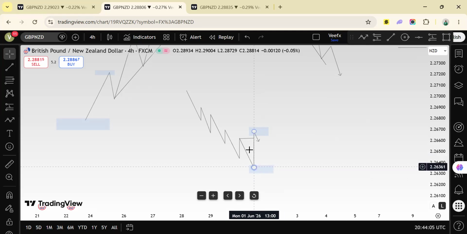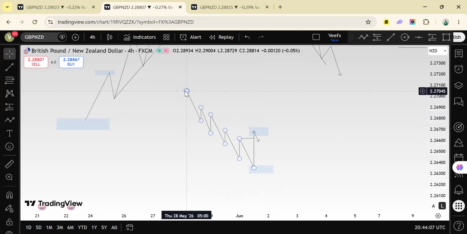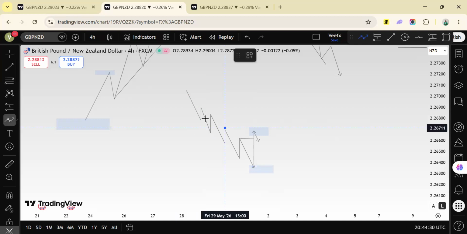An example is this. Right here, we have a sell order block that's pushing price to the downside. Right here, we have a buy order block that's pushing price to the upside. Here, we have a sell order block that's pushing price to the downside. Now, mind you, there was a buy order block here that was pushing price to the upside. So it means that when market was approaching that area, it is supposed to what?